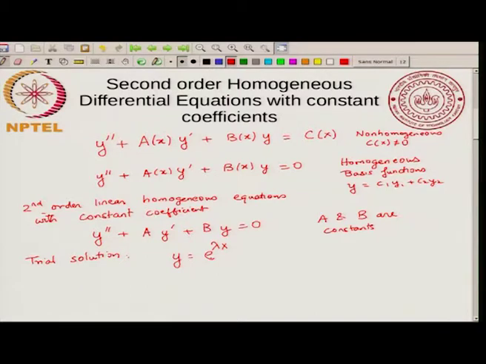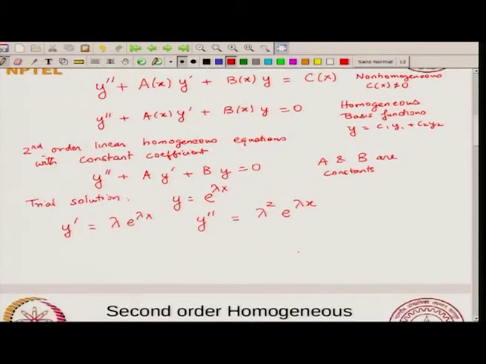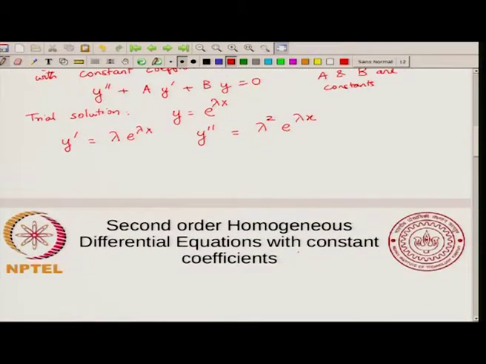So, if y equal to e to the lambda x, then you know that y prime equal to lambda times e to the lambda x, and y double prime equal to lambda square e to the lambda x. Okay. And now, if you substitute these in the differential equation, what do you get? y double prime is lambda square e to the lambda x plus a lambda e to the lambda x plus b e to the lambda x equal to 0.